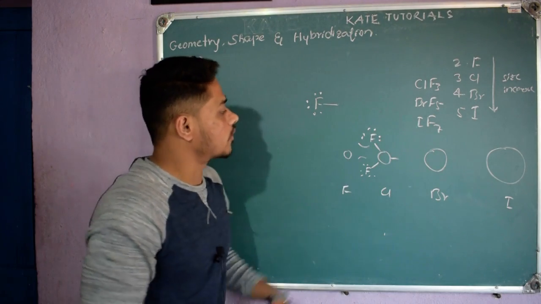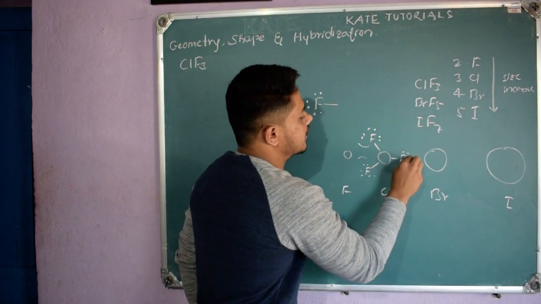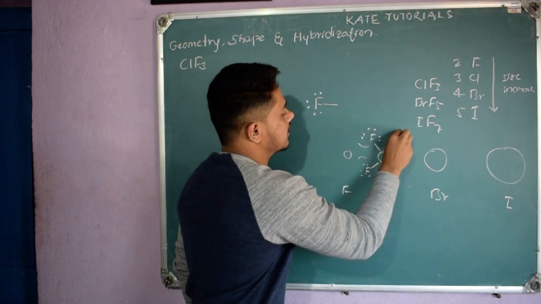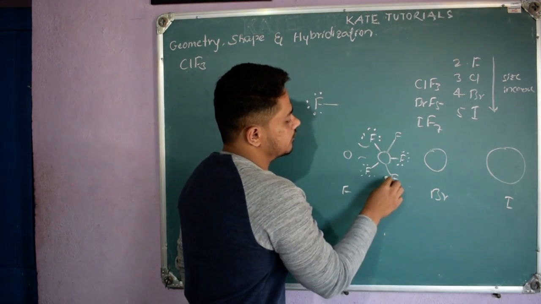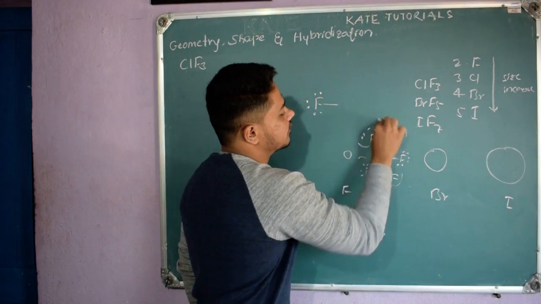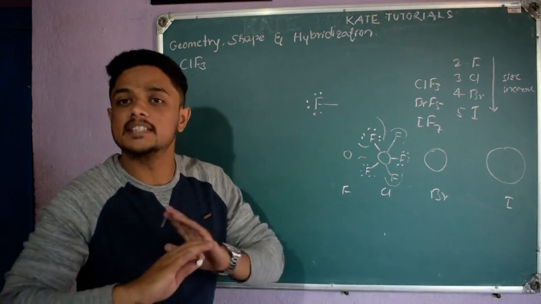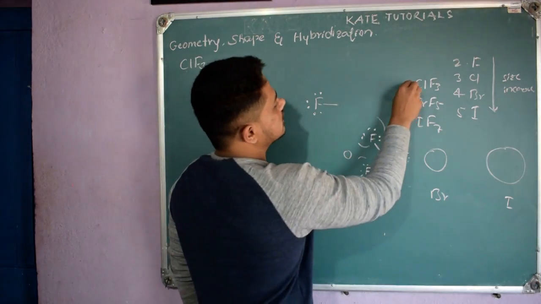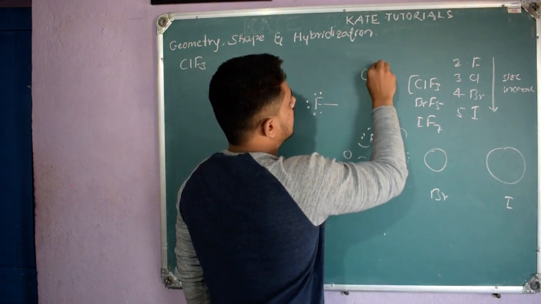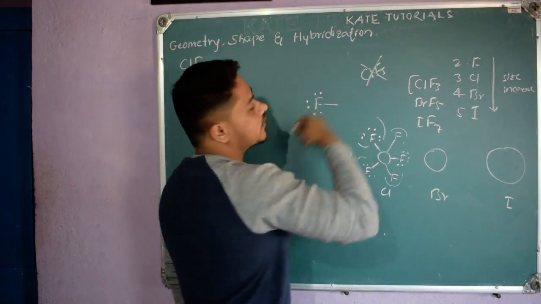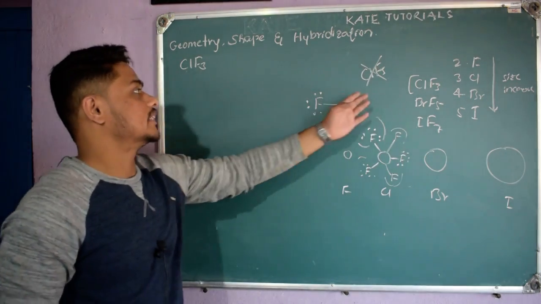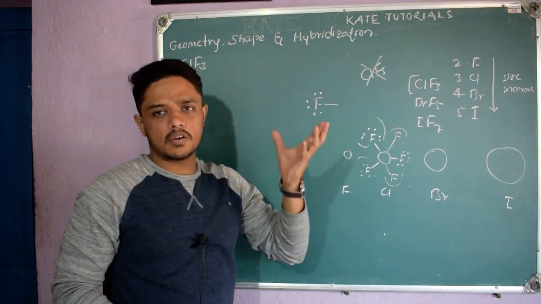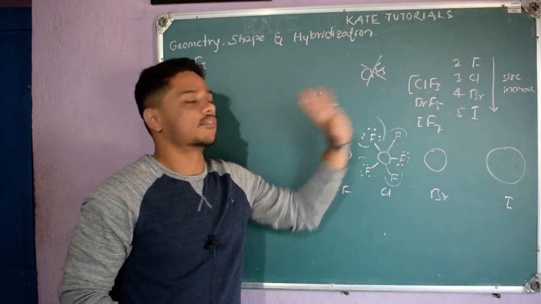Because of these lone pairs, repulsion will be more, the molecule will be unstable, and those molecules don't exist. So only ClF3 will exist, ClF5 doesn't exist. We are not going to study the hybridization, shape or geometry of ClF5, because in nature or in compounds we will get only ClF3, not ClF5.